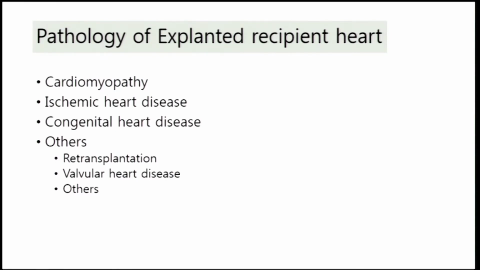the same in every center. Cardiomyopathy and ischemic heart disease are the two major groups, and congenital heart disease is a major group for children. Others may be retransplantation, valvular heart disease, and others.